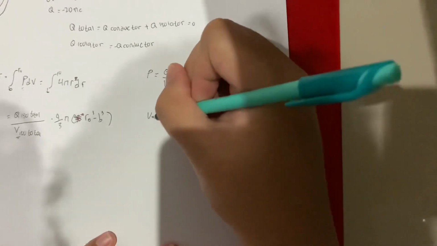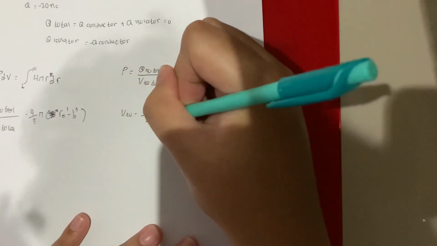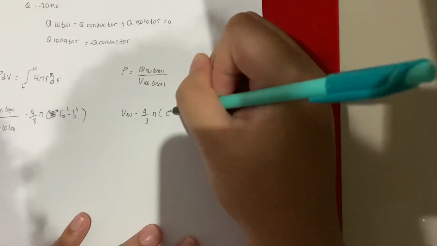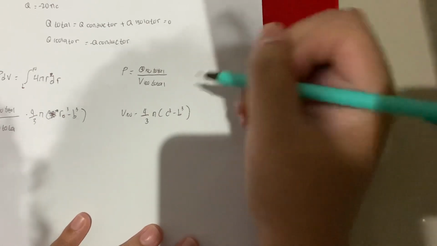After that, the total V isolator comes from 4 over 3 pi times c cubic minus b cubic.